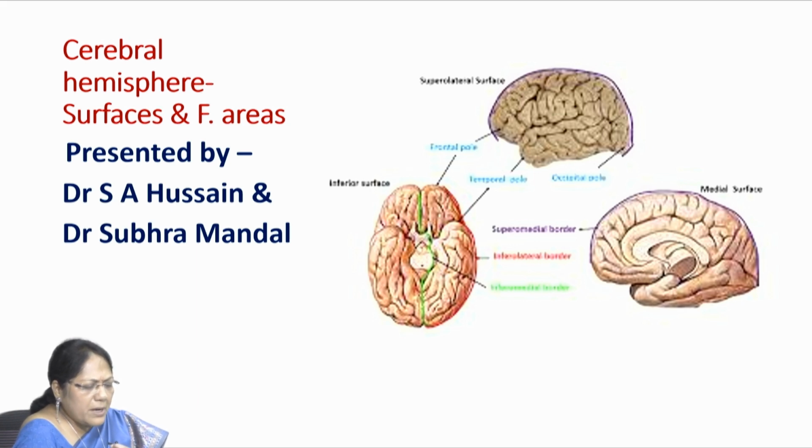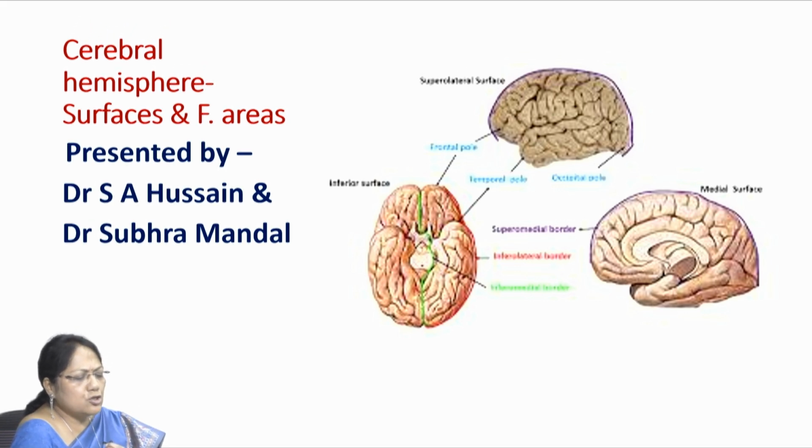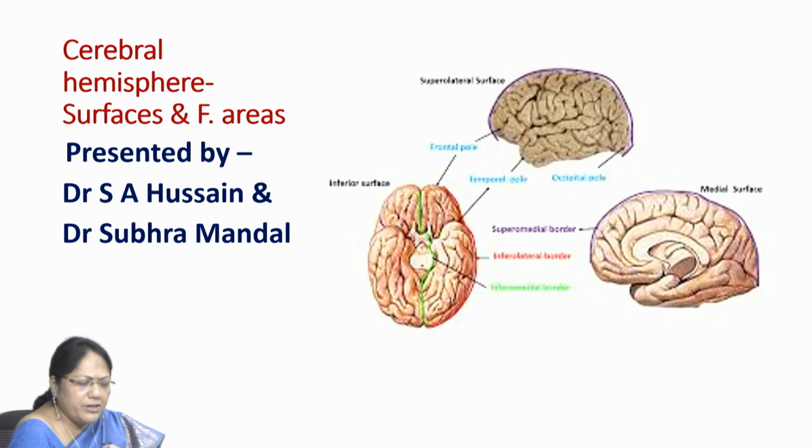The anterior one, lying just above the orbit, is called the orbital part of the inferior surface, and the posterior part is called the tentorial surface.